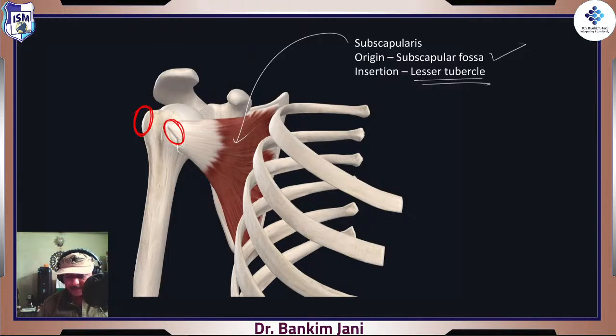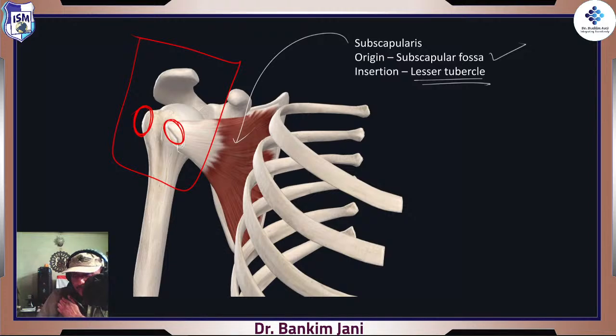Now see these tubercles. Can you feel that these tubercles are surrounding this important shoulder joint, right? So what will it do? When this subscapularis contracts, it is right in front like this.